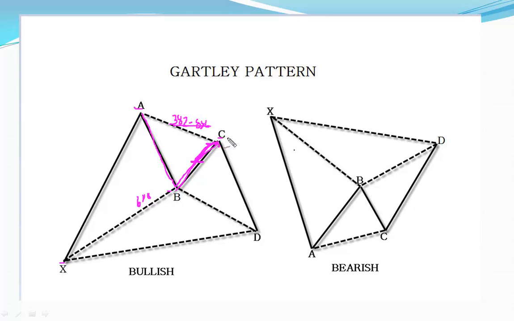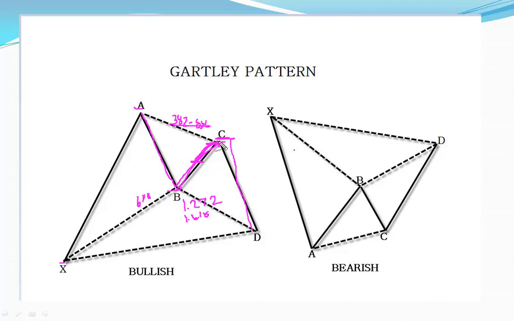And then when the market goes from C down to D, that's that extension. That's that B to C down. That's that extension we were looking at, and that's that 1272 to 1618.